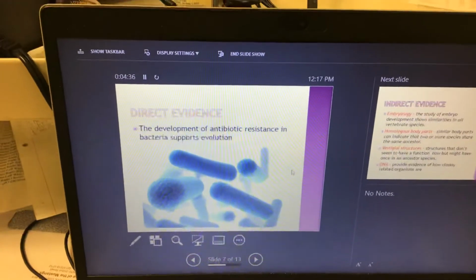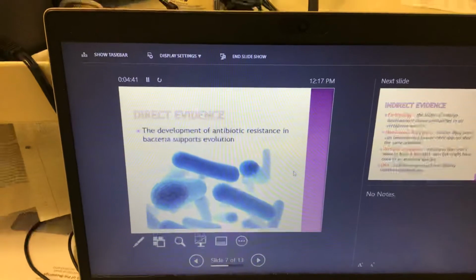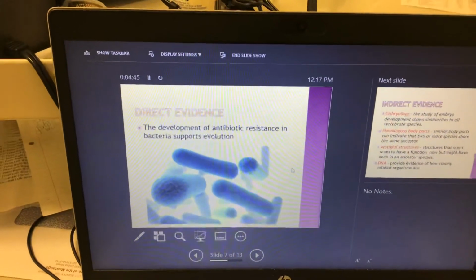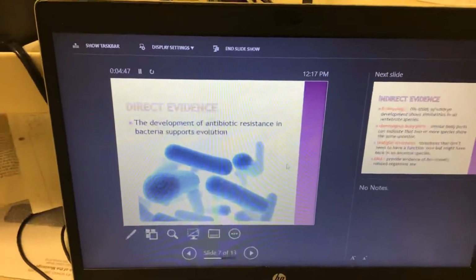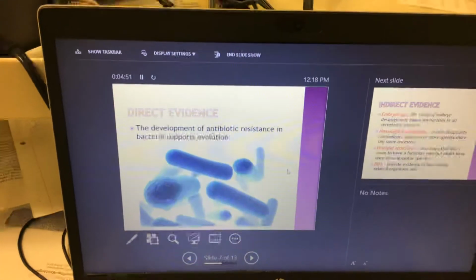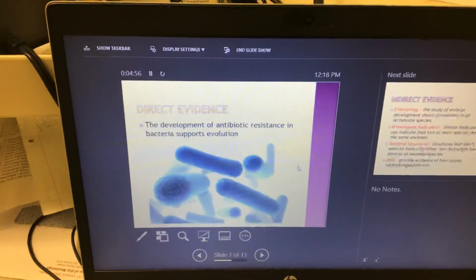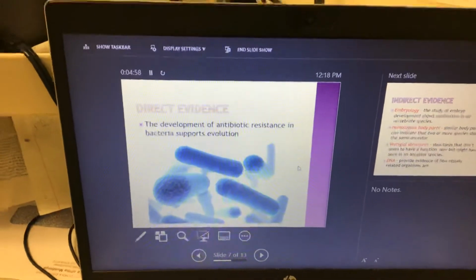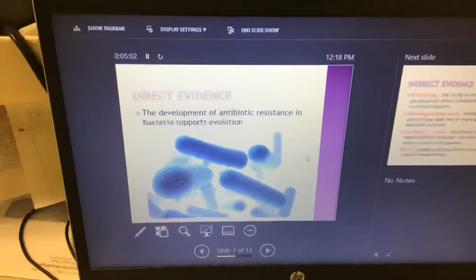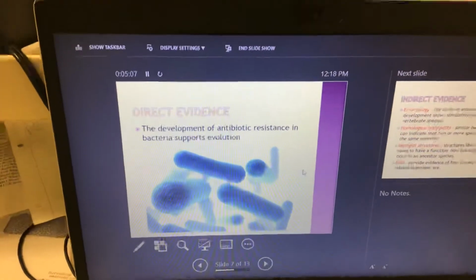Some of those bacteria became resistant to penicillin, and they reproduced and made more bacteria that were resistant to penicillin. So then we had to change the penicillin so it would kill them. So it's a constant battle between us changing the penicillin and bacteria changing so that the penicillin doesn't kill them. So direct evidence like that. Another example of direct evidence would be the moth story that I told you yesterday.